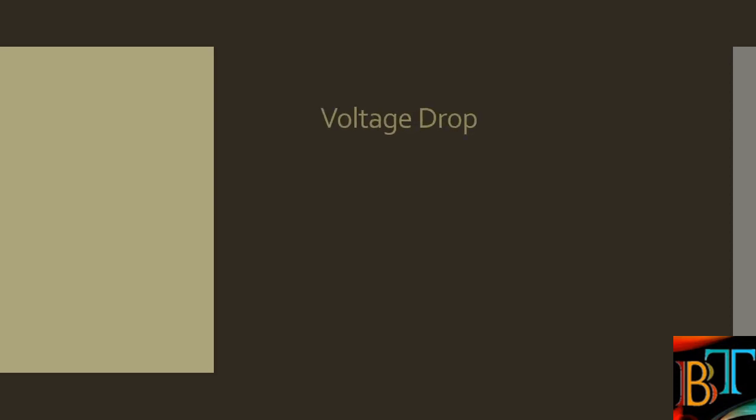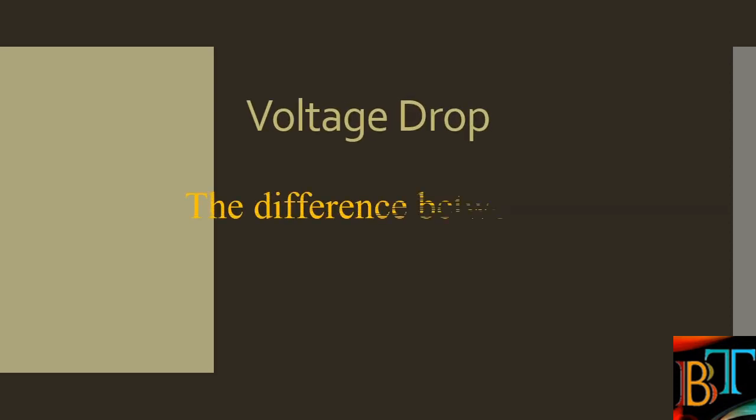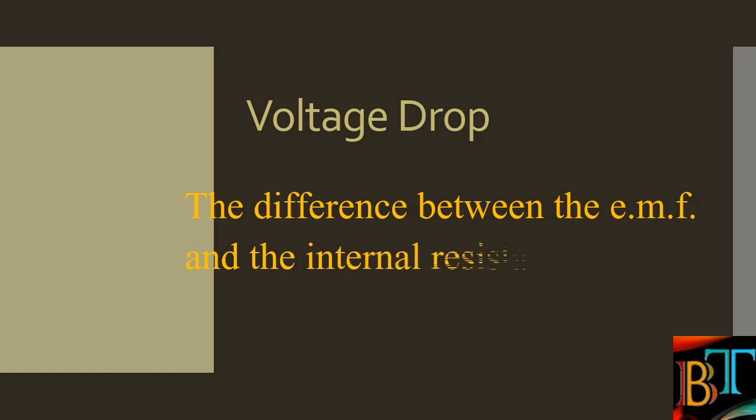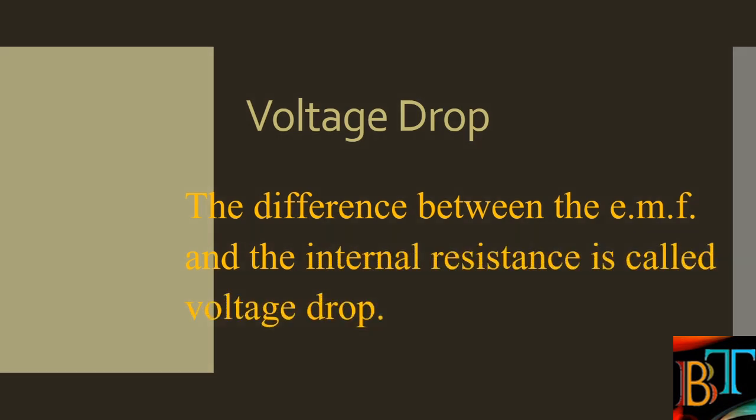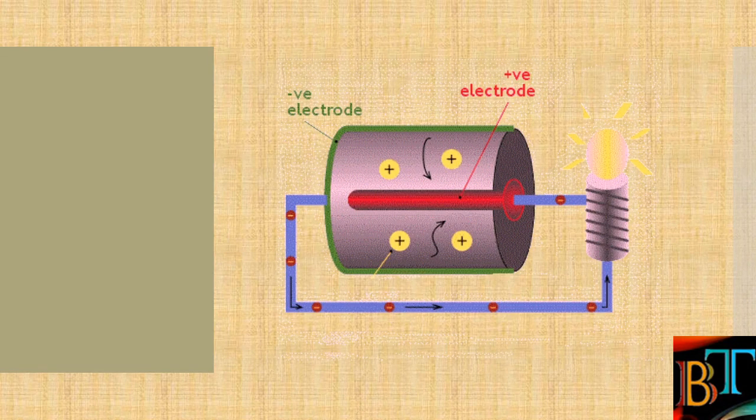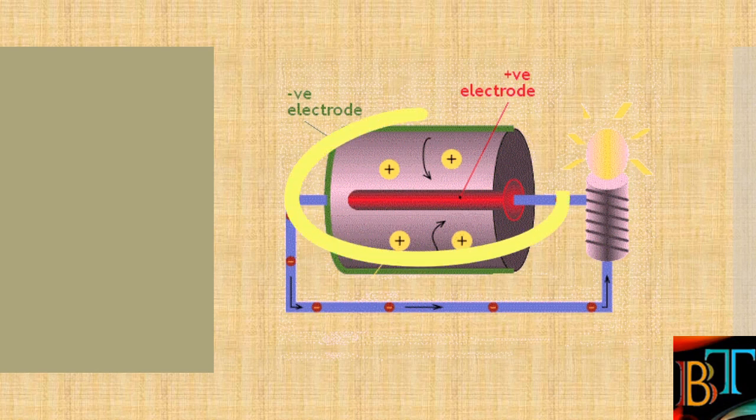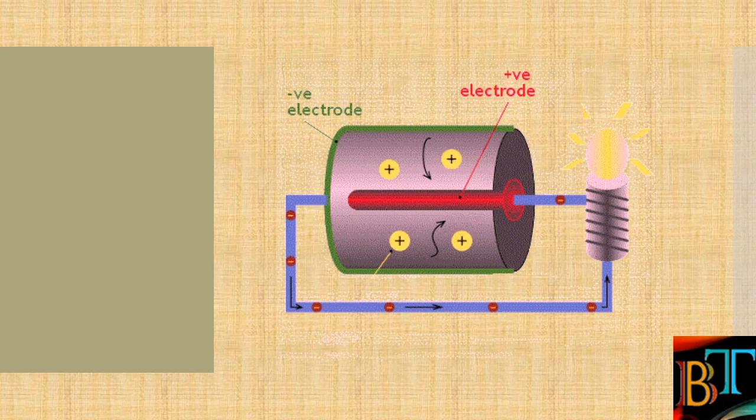So the difference between EMF and the terminal voltage is termed as voltage drop. Hence, voltage drop is the difference between EMF and the terminal voltage. This difference happens because when heavy current is drawn from the cell, a large number of current carriers flow through the electrolyte and hence more work is done to move the charge through the electrolyte.